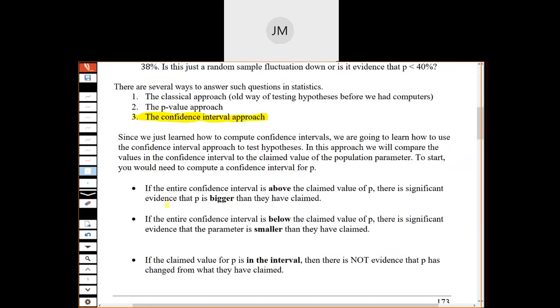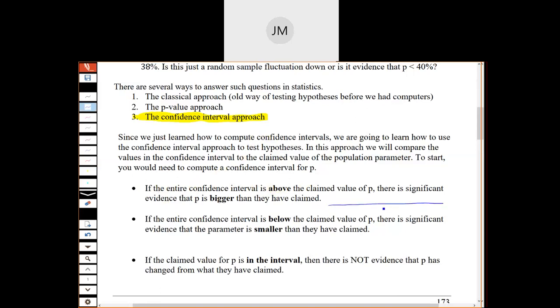All right, so what we're going to do is look at our sample and take a confidence interval. And if the claimed value of p is not inside the interval, so if my whole confidence interval is above p, maybe a number line will help.